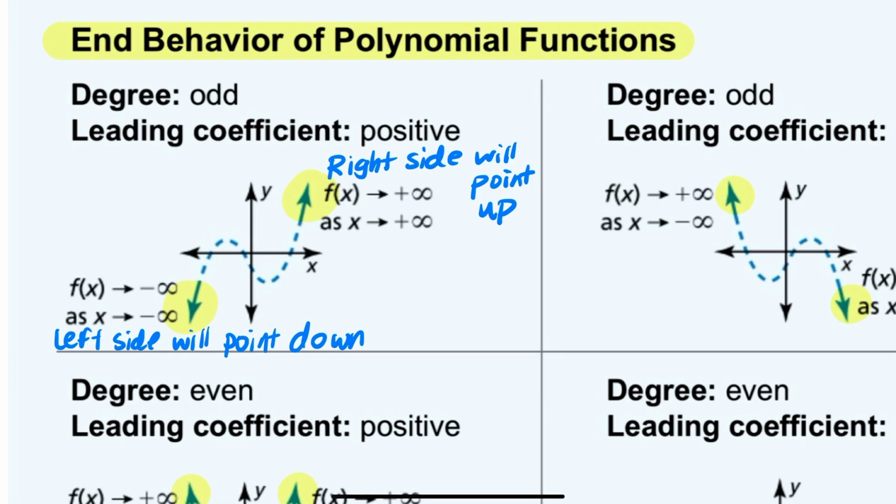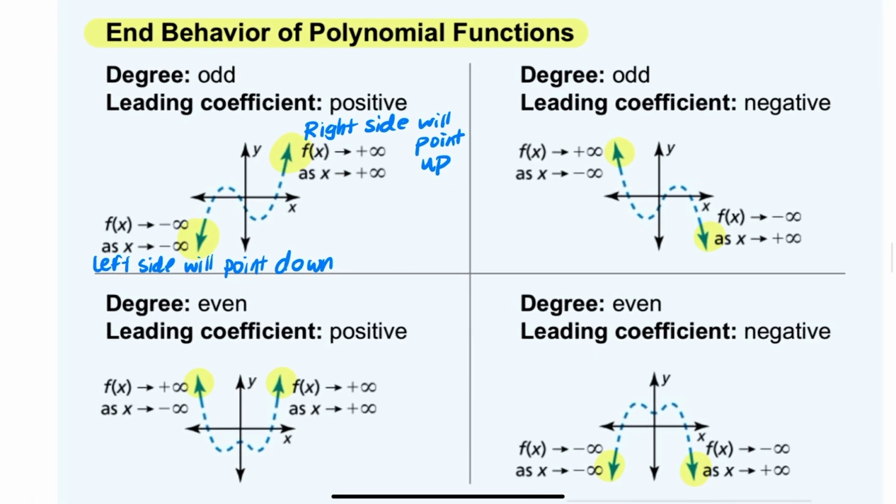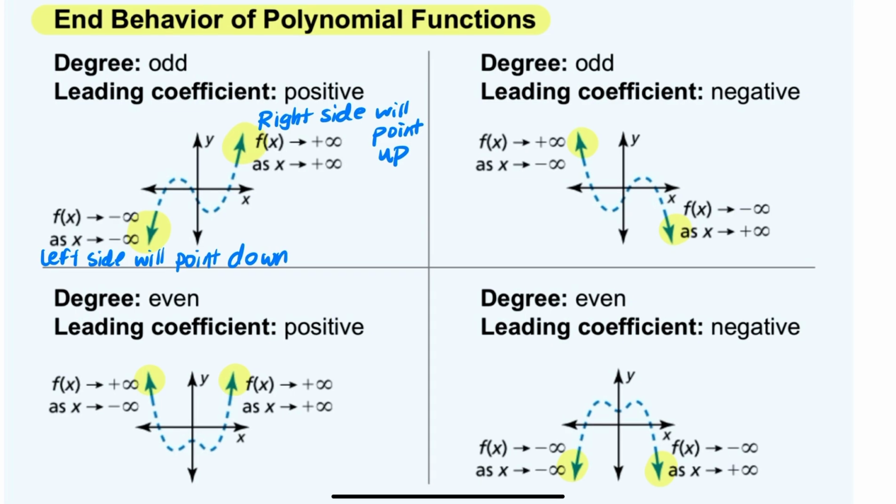Okay? So on the left side, the y values will be decreasing, and on the right side, the y values will be increasing. We are literally able to imagine in our head exactly how the left side and the right side of the graph are going to look, strictly off of the degree and the leading coefficient. Don't worry. It seems like a lot now. It seems a little complicated now, but you will understand with time.